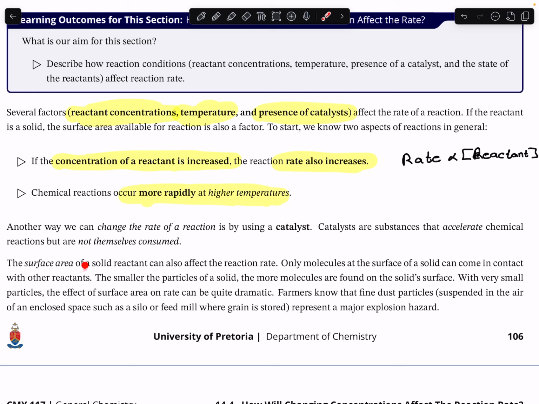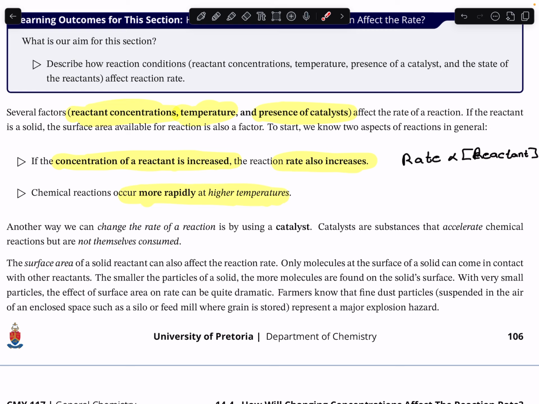The last thing is something called surface area, and that's the question of if you say, for example, have a reaction taking place in two phases. So you have solids and gases reacting, or a liquid and something else. Then it depends on how much surface area your solid is able to come into contact with your liquid or your vapor.